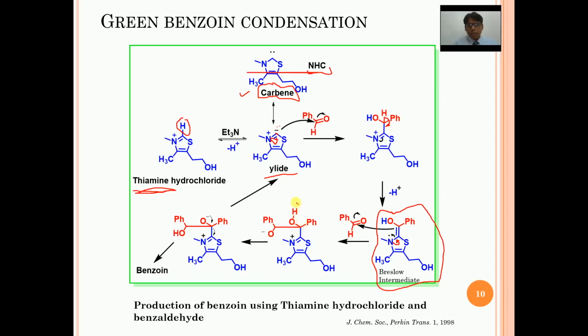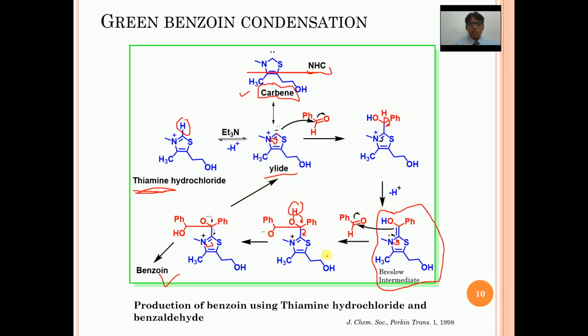Like the previous mechanism, this will go here, and nitrogen gets its lone pair of electrons, and we get PhCOHCOPh, that is benzoin, and this moiety gets converted into the ylide again, and this cycle goes on. So this is how green benzoin condensation takes place.